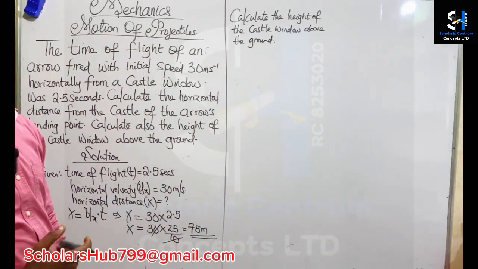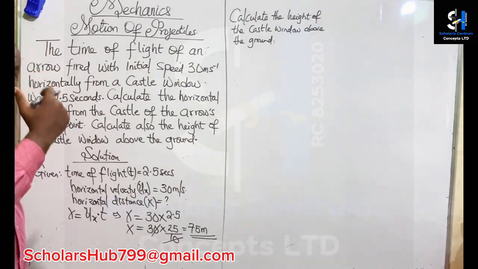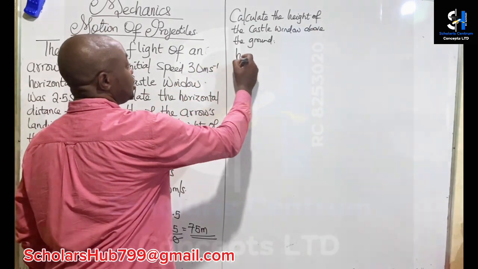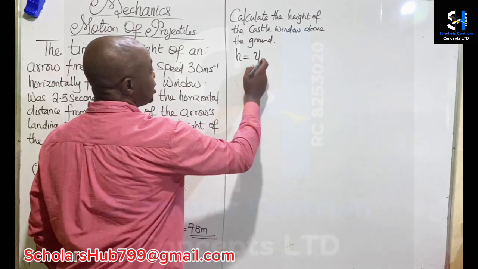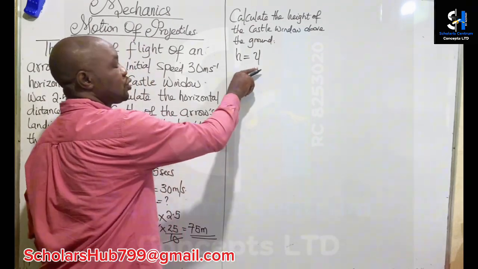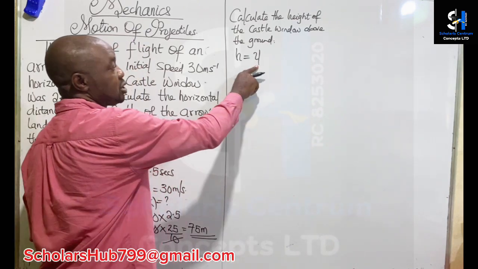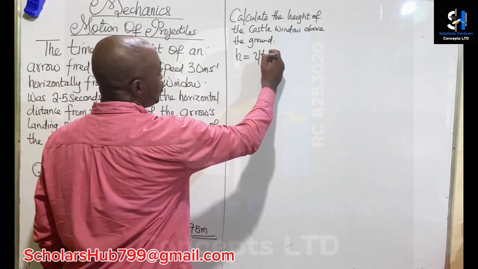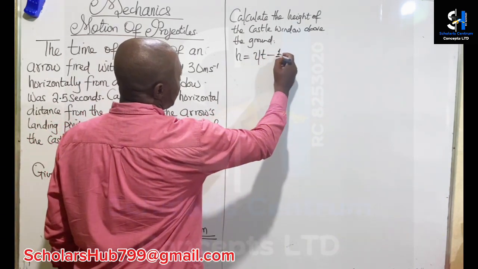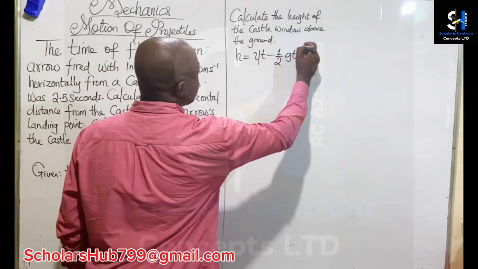We'll be applying one of the equations of motion under gravity, the equation for height, which is for vertical motion. We know that the initial vertical velocity will be 0, so we have ut, then minus 1/2 gt squared.